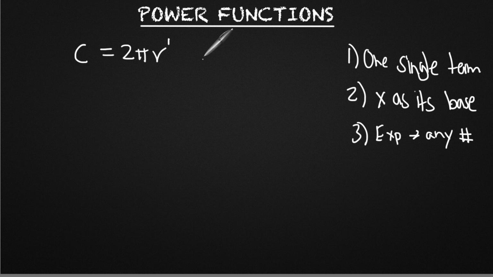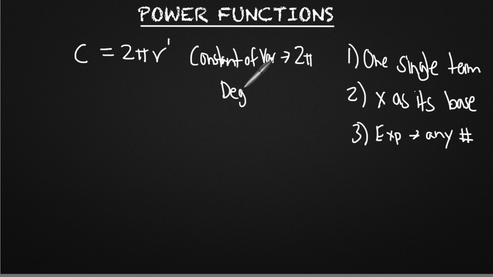So if it is a power function, you will say that the constant of variation is just the number in front, so that's 2 pi, and the degree is going to be 1, or the power is going to be 1.